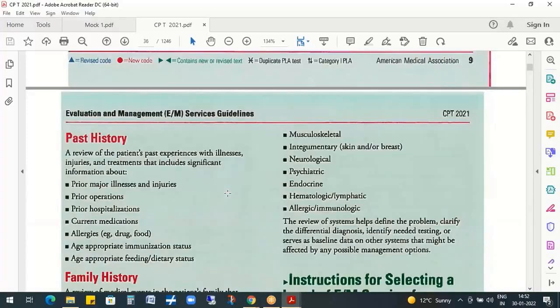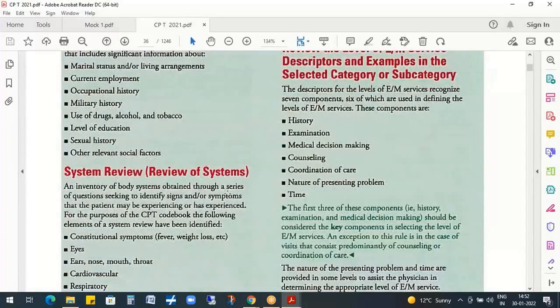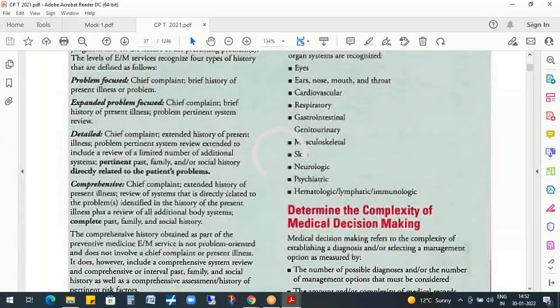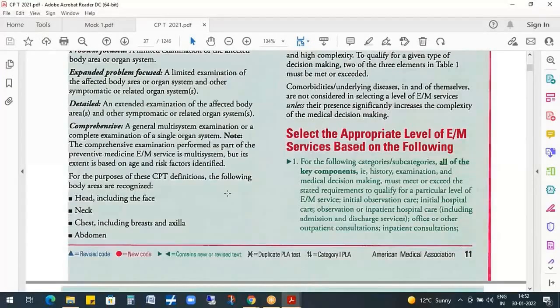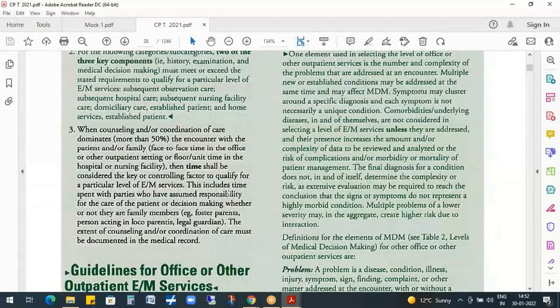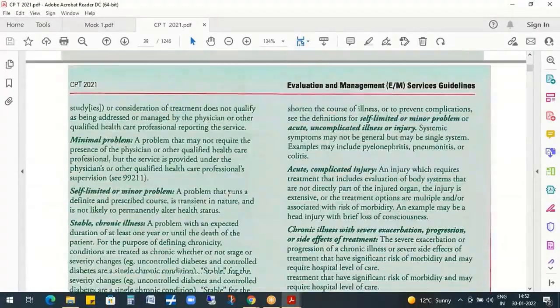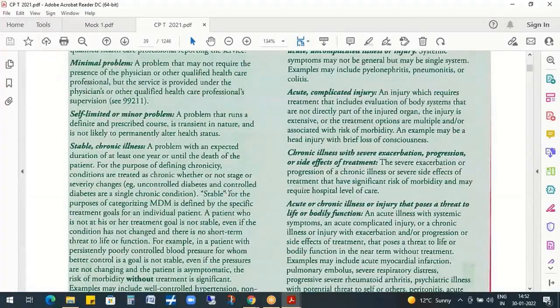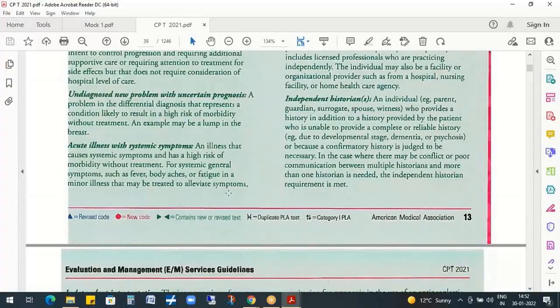When it was saying coordination of care or counseling, either coordination of care or counseling, but both are there.